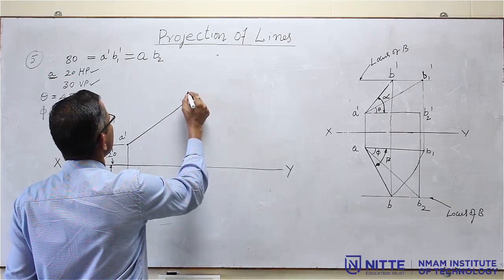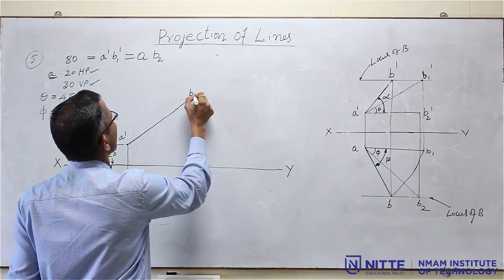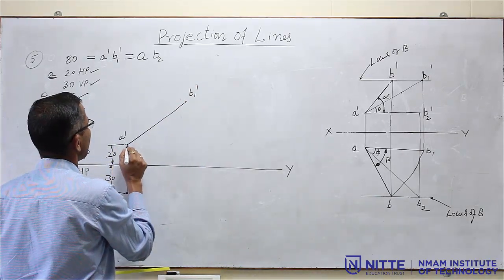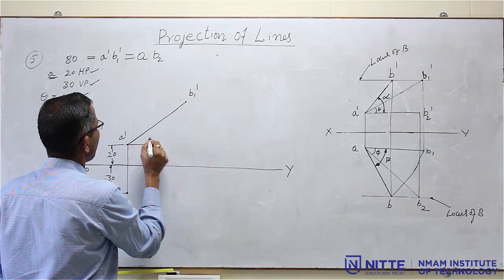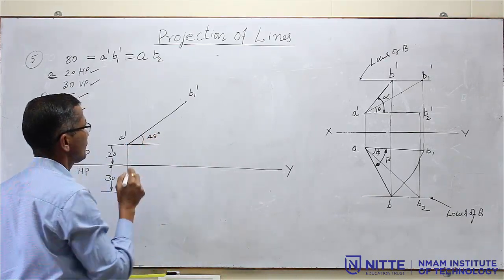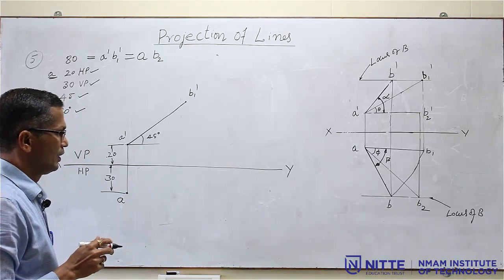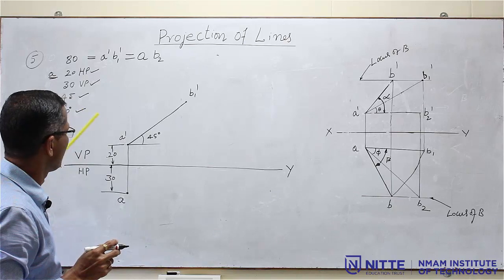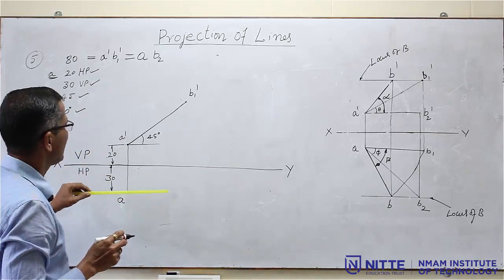This is A dash B1 dash. This is not the front view. This is the true length at an angle of 45 degrees. Similarly, phi is given and the true length is known to you.